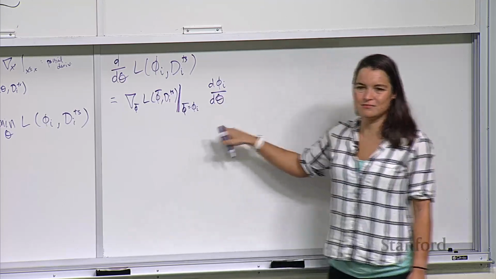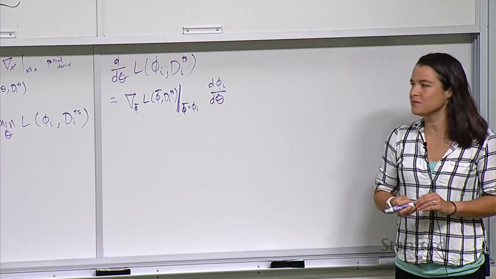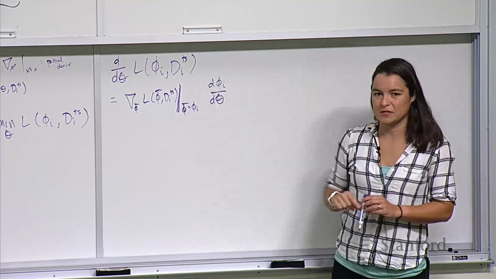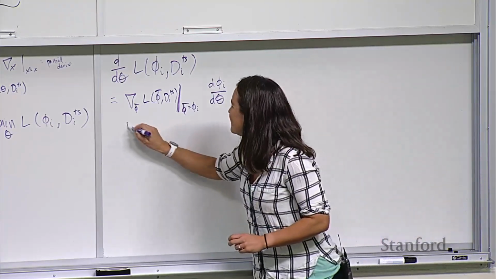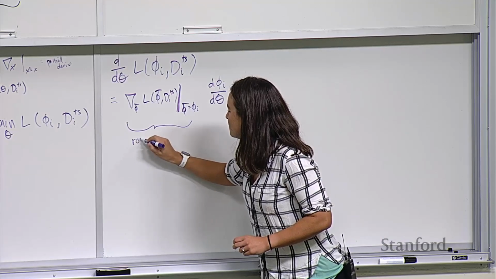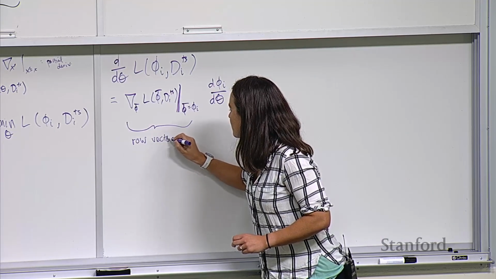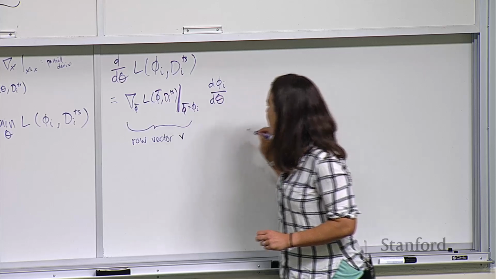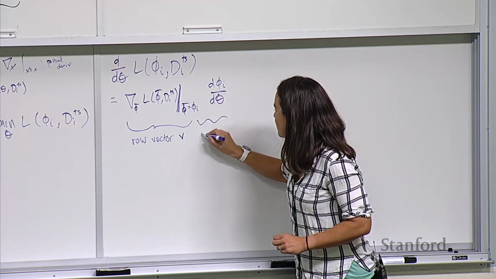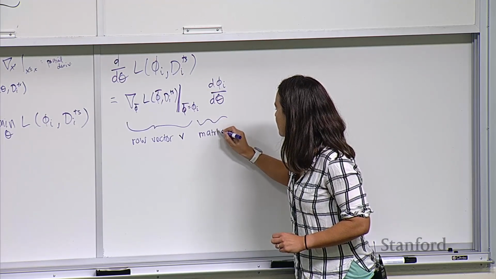So this is the derivative of our loss function with respect to theta. Here, this is a row vector, so we can refer to this as V. And this is a matrix.